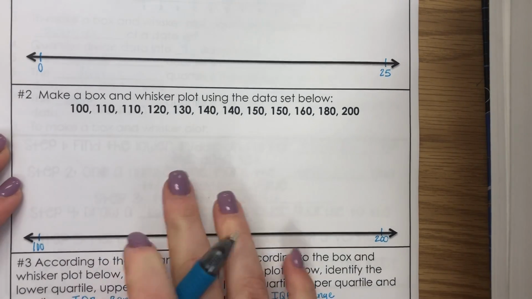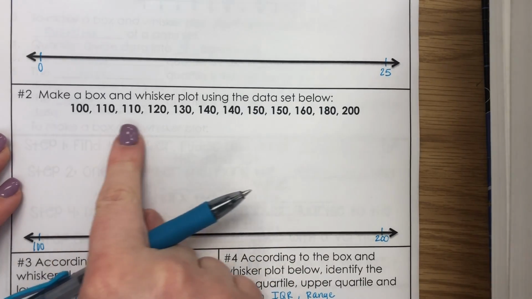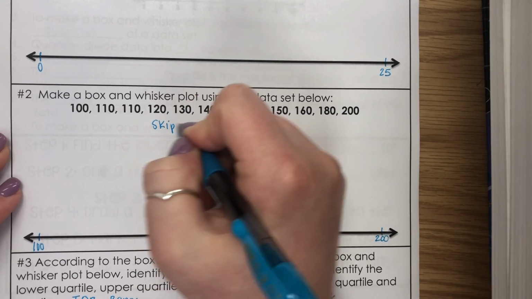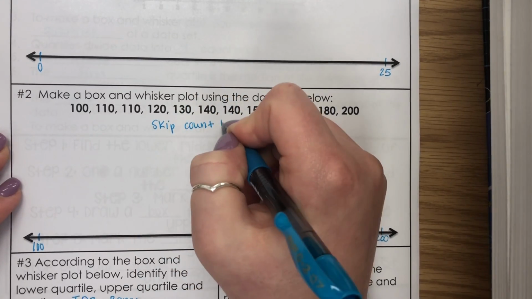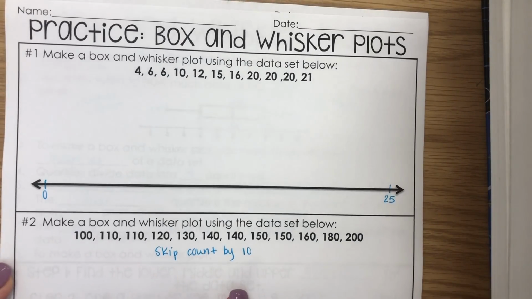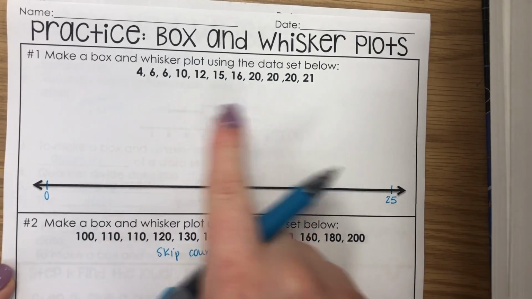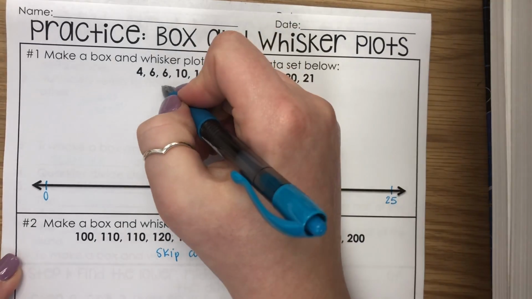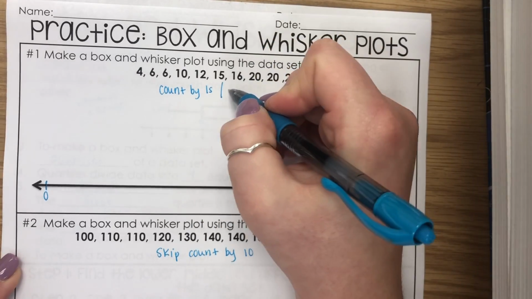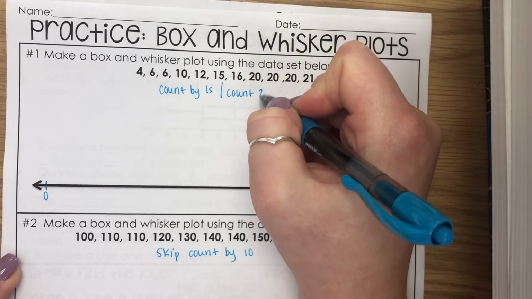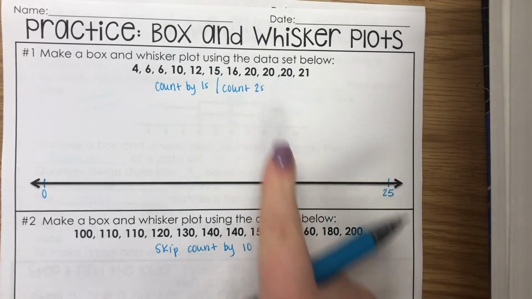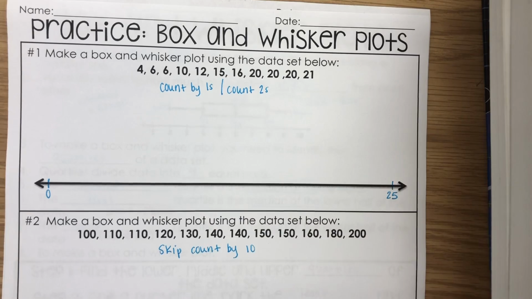Okay, and if you notice with number 2, all of our values are in tens, so you can skip count by 10. Okay, looking at number 1, we have even and odd numbers, so you either need to count by 1s, or you could count by 2s, but just be sure that you correctly plot the dots on your number line if you count by 2s, okay? So go ahead and get started on that now.